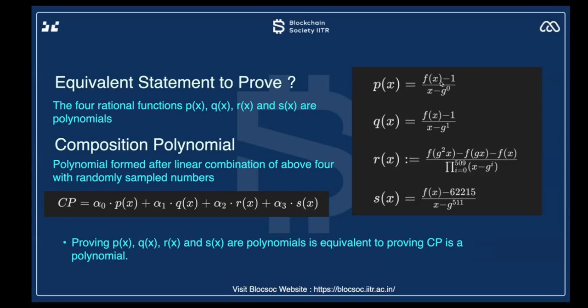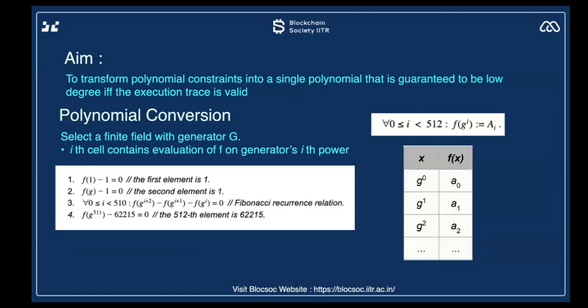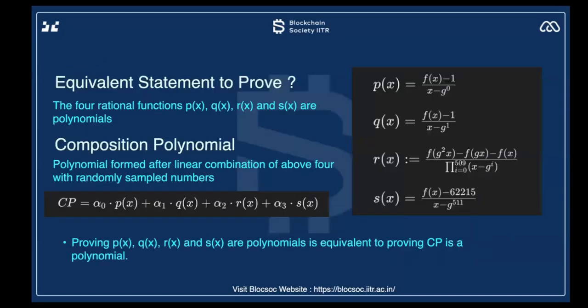So this means that if the prover has not truly evaluated the execution trace, then the denominator would not be exactly dividing the numerator. For example, it could be of the form (x minus 5) by (x minus 4). You can't reduce it to a single polynomial expression. But if the prover has truly evaluated it, then it would become a simple polynomial expression, and that is true for all p(x), q(x), r(x) and s(x).